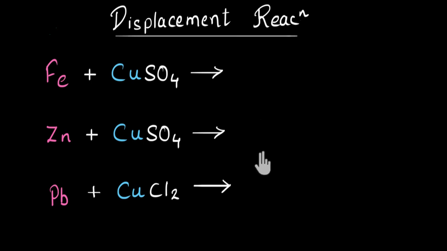Now if you have tried it, let's see. So in this reaction, since iron is more reactive than copper, iron is going to displace copper from its sulfate and form iron sulfate, FeSO4. And plus we will get copper atom displaced, separated out. Similarly here zinc is more reactive, so it will displace copper out from its sulfate.